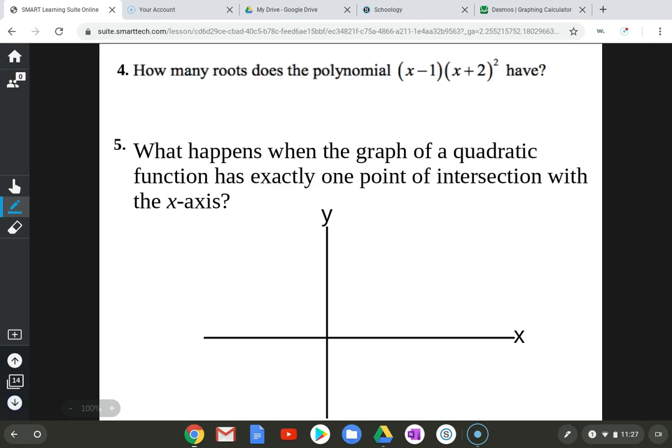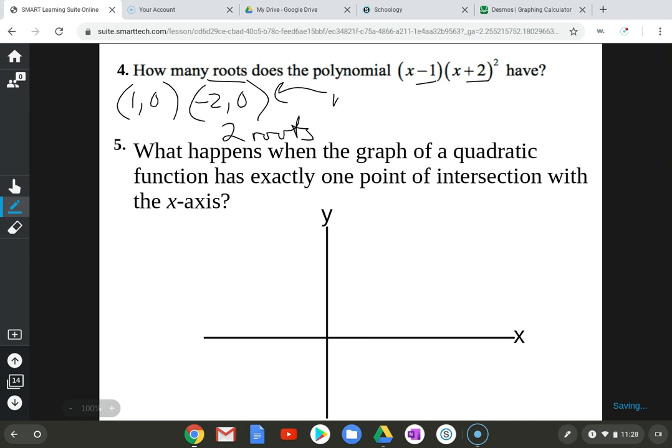All right, we have one more page. This is our last page for this lesson. How many roots does this polynomial have? Well, technically, it has 2 roots. So it has the roots 1, 0, and negative 2, 0. Except this one right here is a repeated root.